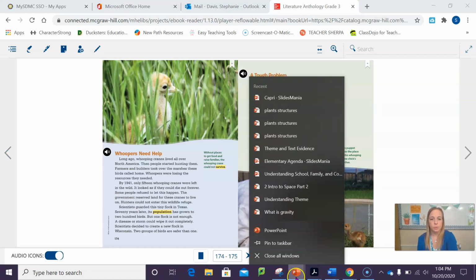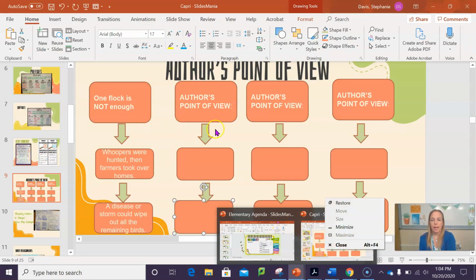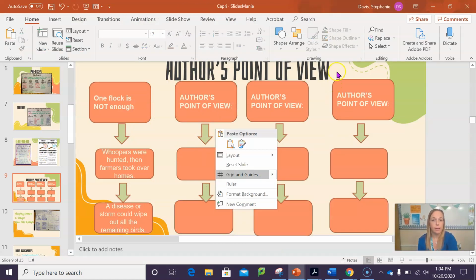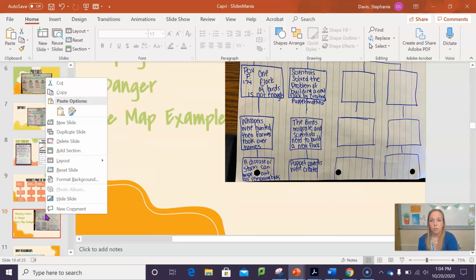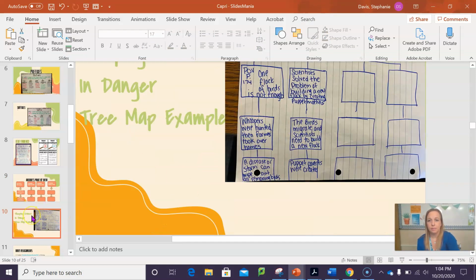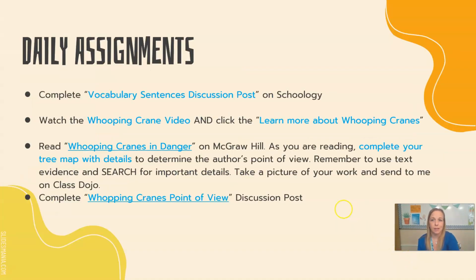When you are finished, boys and girls, let's go right over here. You might have your tree map written out or on the computer like Mrs. Davis, or you can have your tree map written like that. But let's go ahead and take a look at our assignments for today.